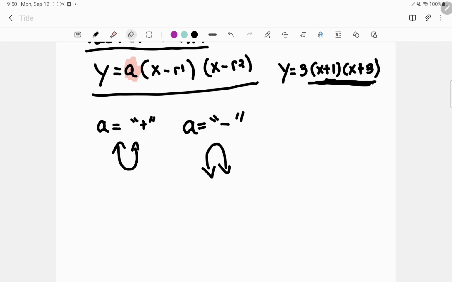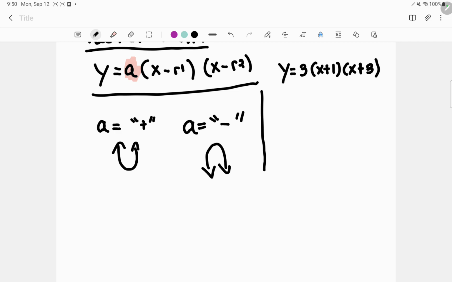There's a really awesome thing about factor form, and I want to cover something real quick. Whenever we got the vertex form, the easiest thing to find was the vertex.